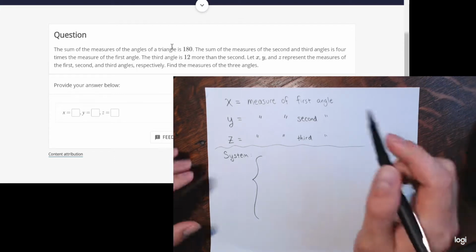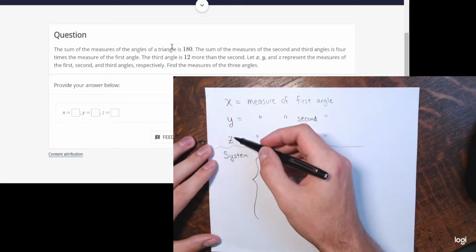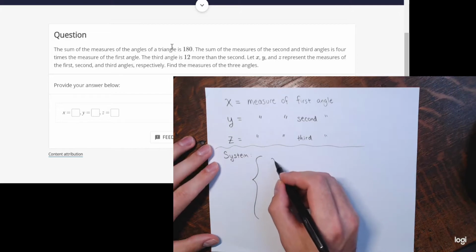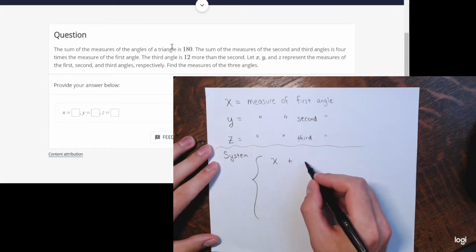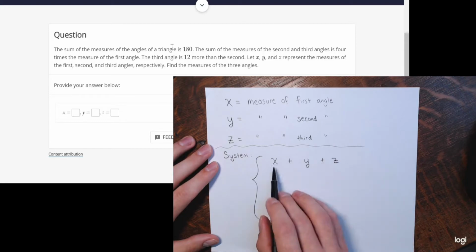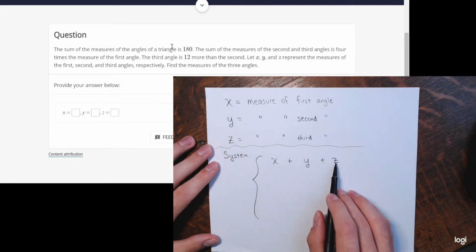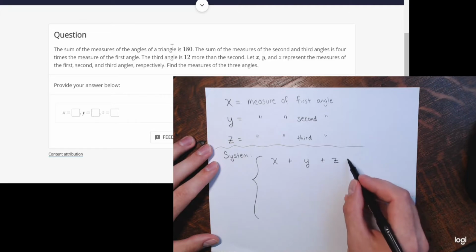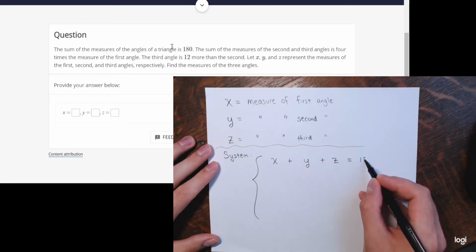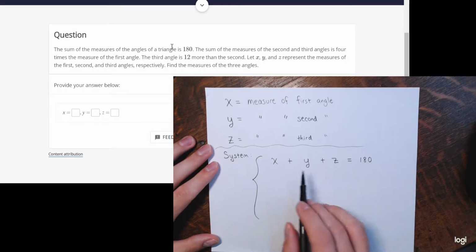So the sum of all 3 of these angles is 180. So that equation will be x plus y plus z. Right, there's the sum of the 3 angles. Is, right, equals 180. So there's the first equation.